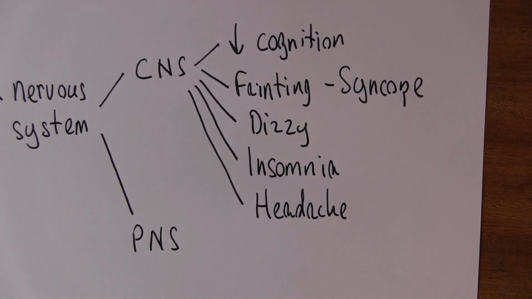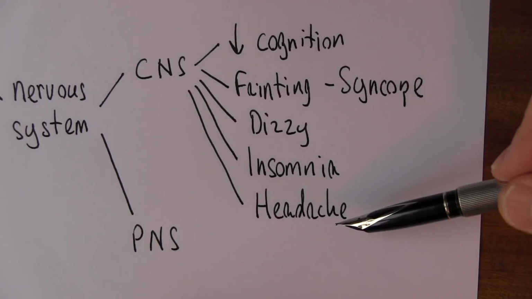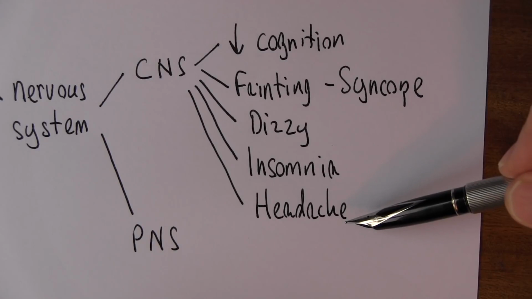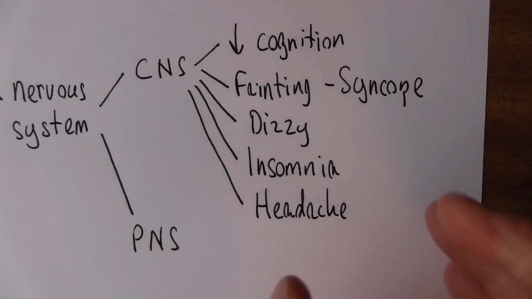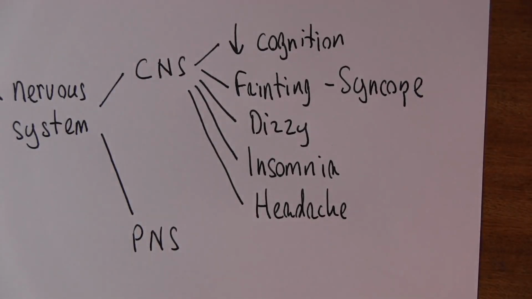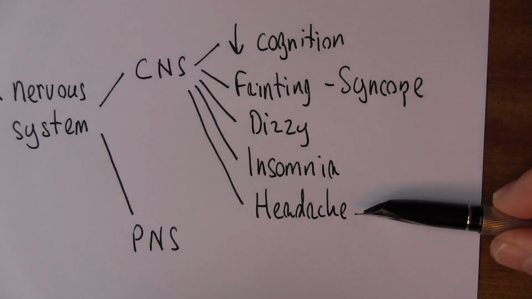And as they let more blood through, it's a compensatory mechanism, more oxygen will get through as well. So that's good, but the vasodilation seems to increase the pressure in the cranial cavity, and that seems to be what causes the headache. It's a vascular induced headache caused by the hypoxia induced vasodilation.